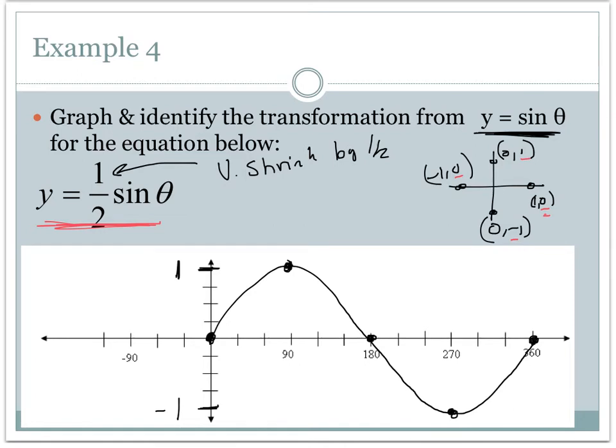All right, so now here's what I'm going to do next. I'm not going to draw a table. I'm going to say, okay, it's going to be half the size, and it's going to shrink. This guy's going to come down, this guy's going to come up, and what we discovered was these guys that are zeros aren't going to change because we're multiplying by 1/2, and 0 times 1/2 is still 0.